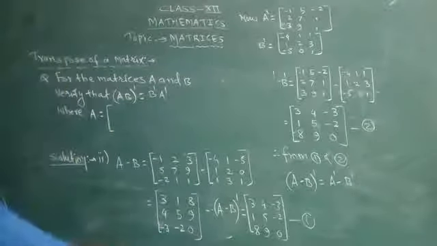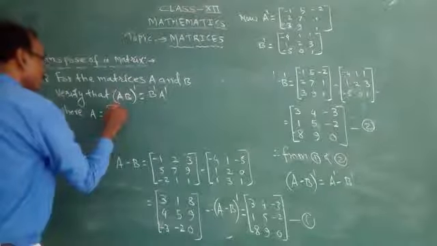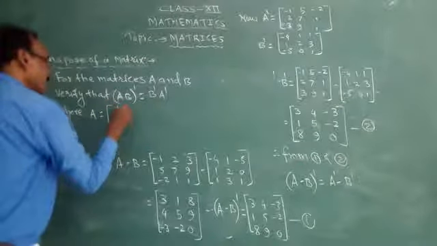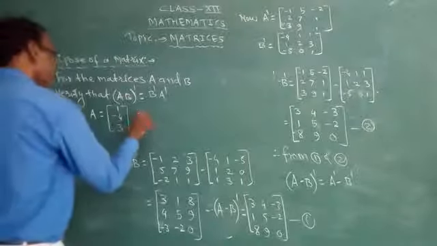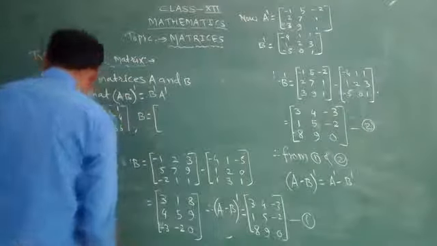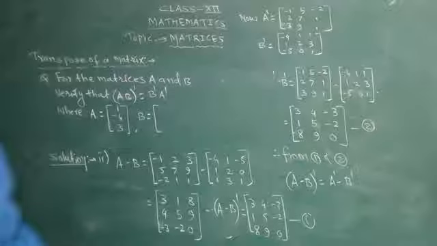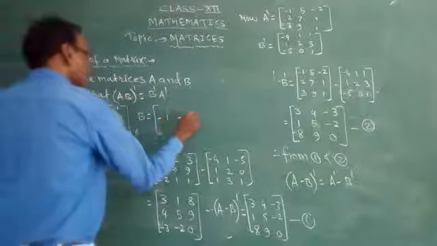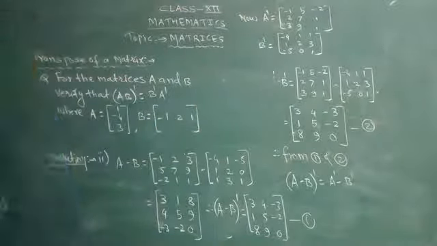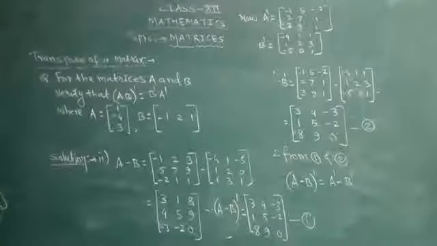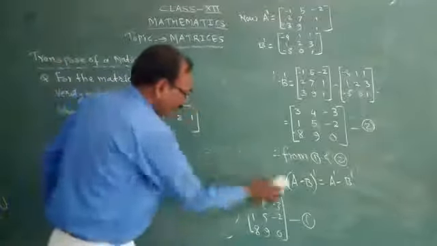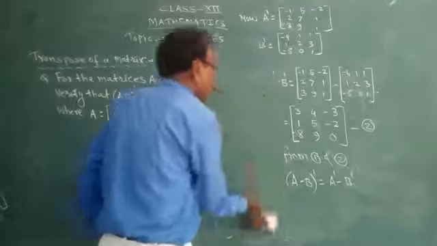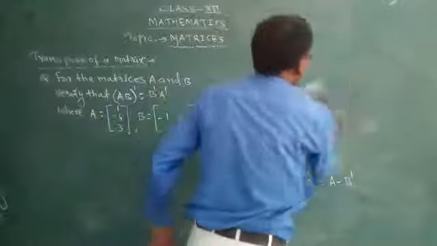A is, suppose, the column matrix 1, minus 4, 3, and take B, suppose, minus 1, 2, 1, that is a row matrix. I am taking A as a column matrix and B as a row matrix. Now you check whether (A into B) transpose equals B transpose into A transpose. So we have to verify this.